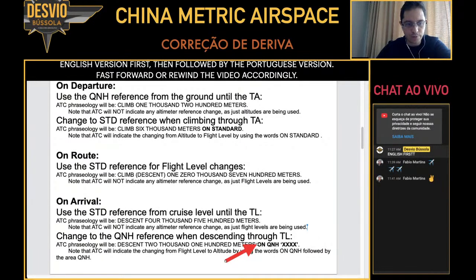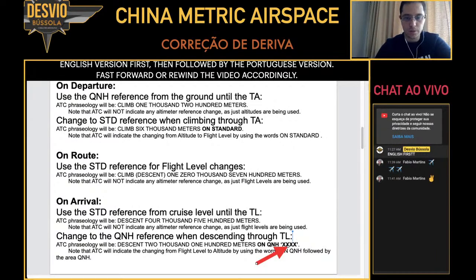Okay, so what you have to note is that ATC will indicate the change from flight level to altitude by using the words "on QNH" followed by the area QNH. So yes, you have to know the area QNH.